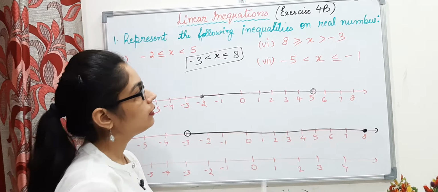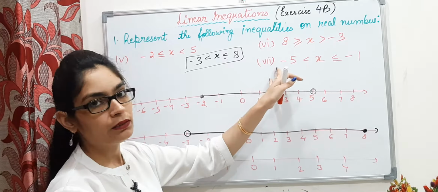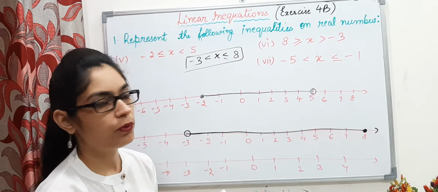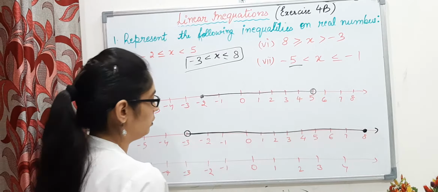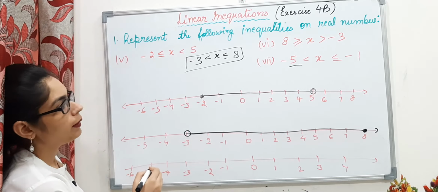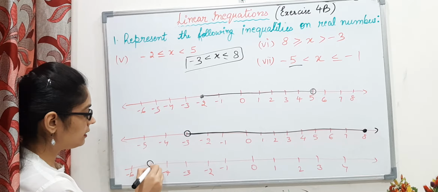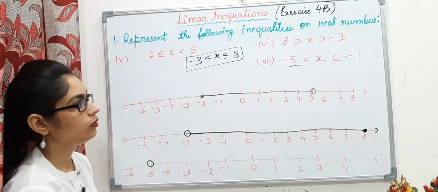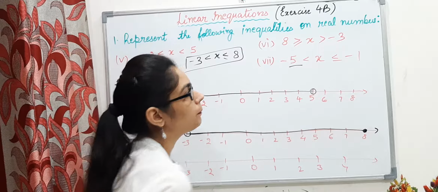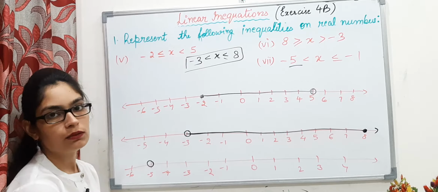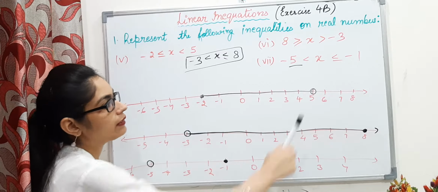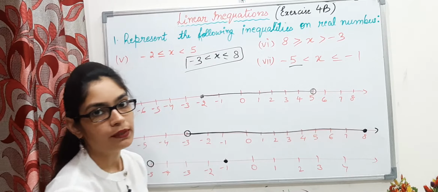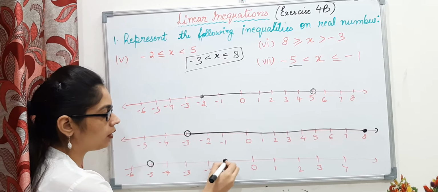The third one is x is greater than -5. First we will just locate the points and plot them. -5 is here, and with -5 only one sign is there, so we draw a small circle. The other point is -1, and with -1 there are two signs, less than or equal to, so for that I have to draw a dark dot.